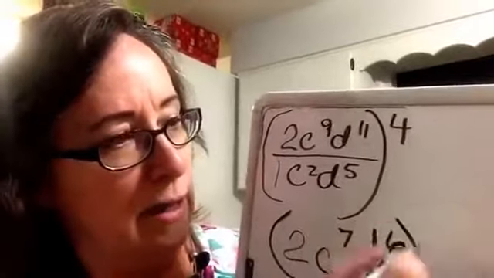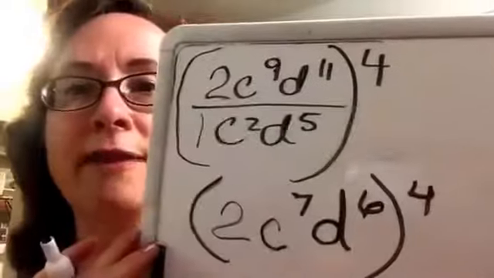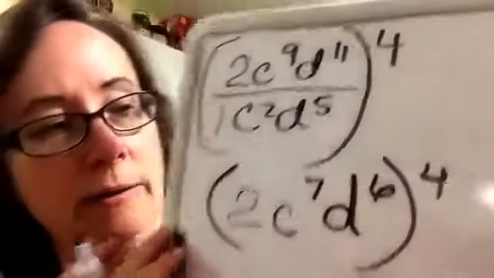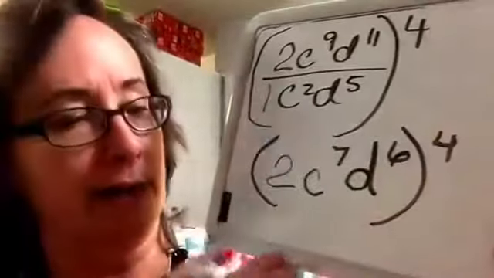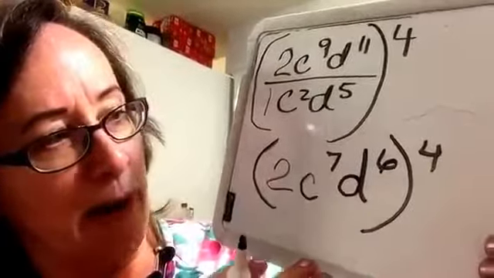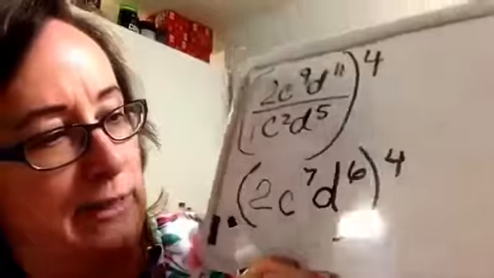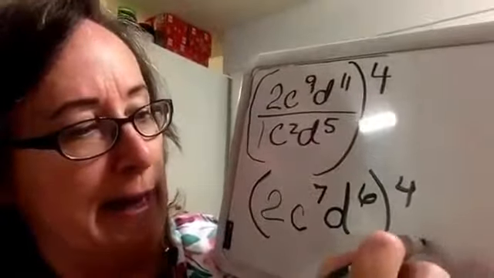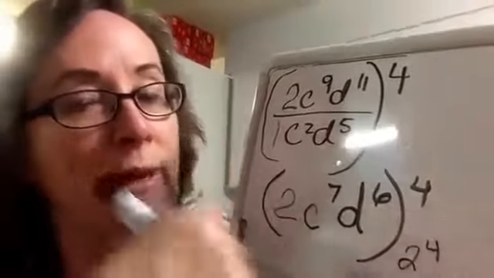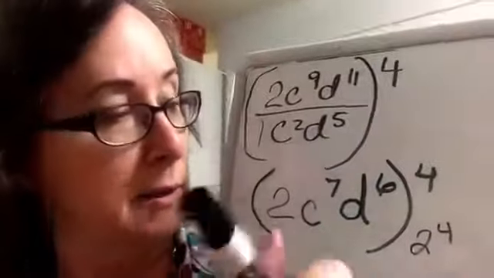And now I'm going to raise all of that to the 4th power. So that means that I'm going to take each part of the product here and raise it to the 4th power, which, let's see if I got room to write it, is going to be 2 to the 4th. And c, remember, raising a power to another power, I multiply.